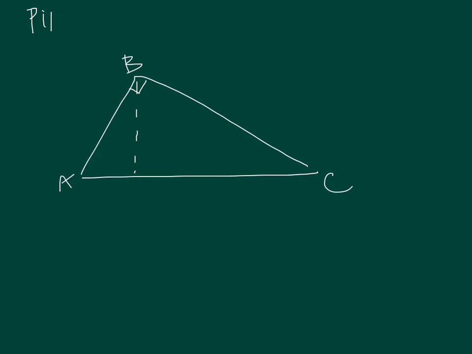But if you claim that BC is the base, then you could say AB is the height. So here's what it says. Compare the quantities AC times H, so base times height, and AB times BC. Would AC times H be equal to AB times BC, or would it be greater or smaller? Which one would that be?